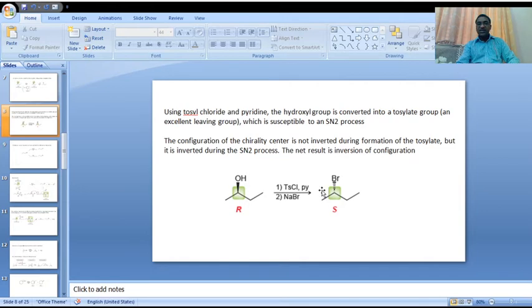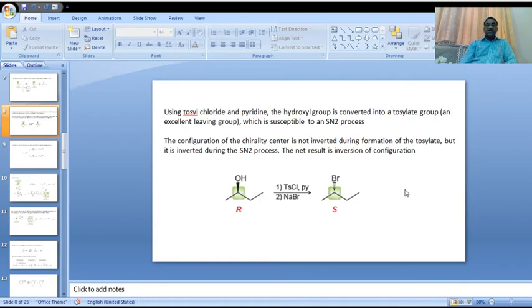But there is an inversion from tosylate on attack of the nucleophile, that is the SN2 process. There is an inversion. Here the OH configuration is R, but attack of bromine from below the plane gives S configuration. Attack of bromine is an inversion of configuration.